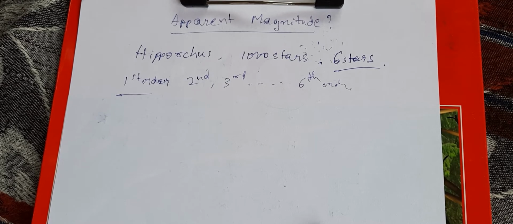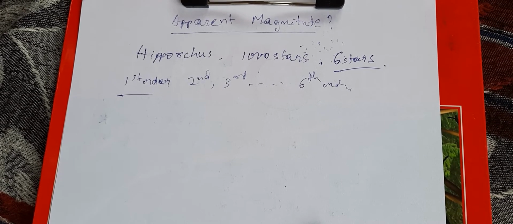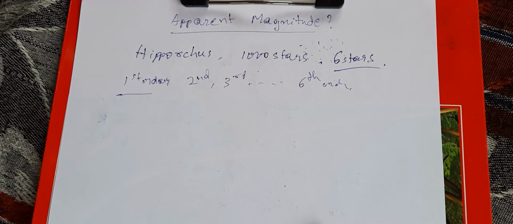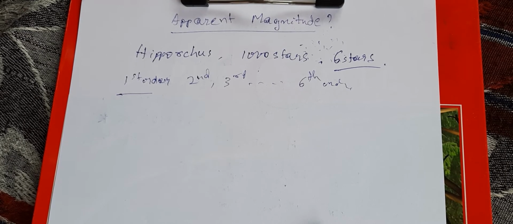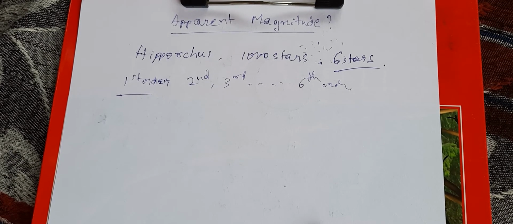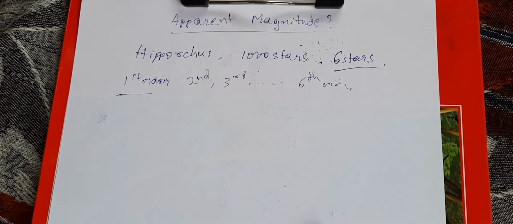So the relative distance also counts. In the same way, the brightness of the stars also. Hipparchus just observed the brightness as they look from the Earth, and he classified it. Therefore, he called them apparent magnitudes.